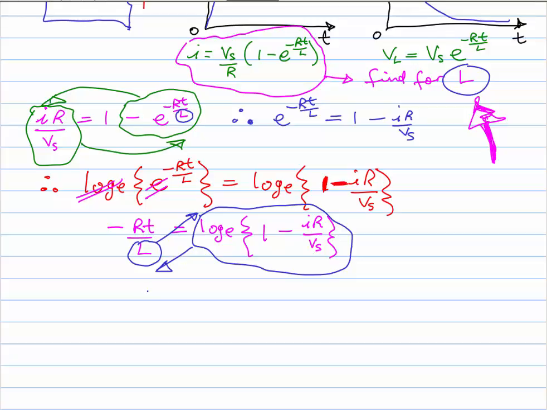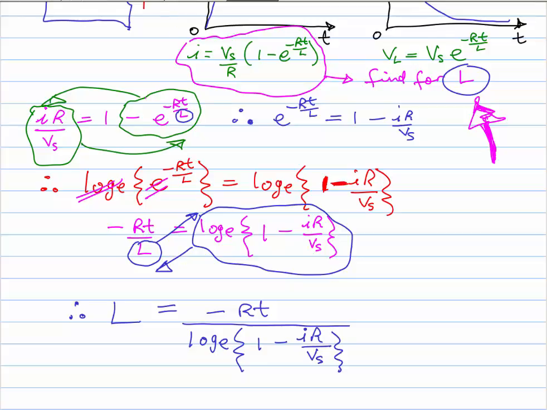So that is then going to leave us with, finally, L equals minus RT all over log base e of 1 minus IR over Vs. And there you have it.